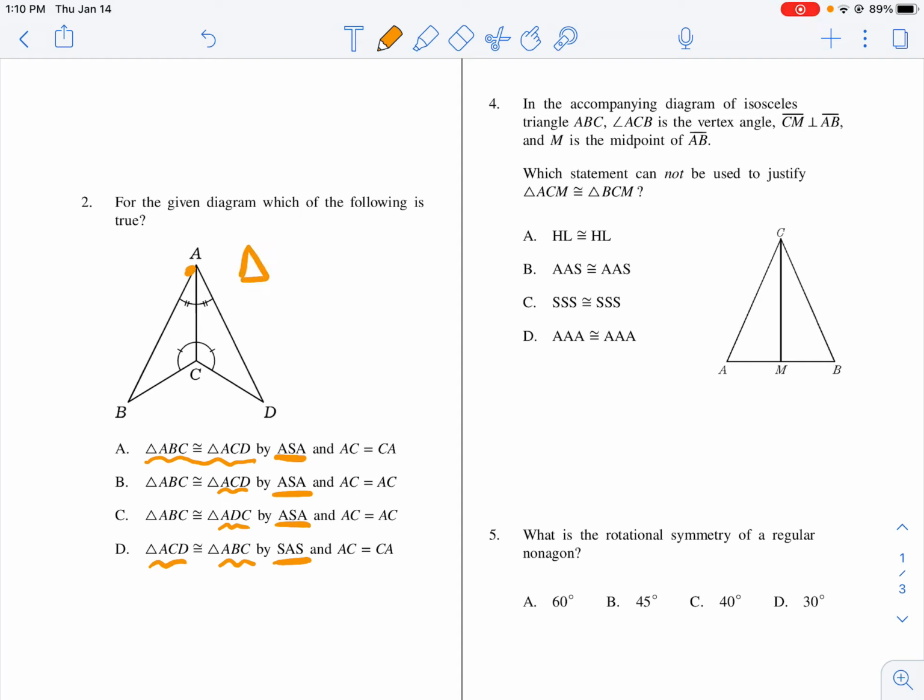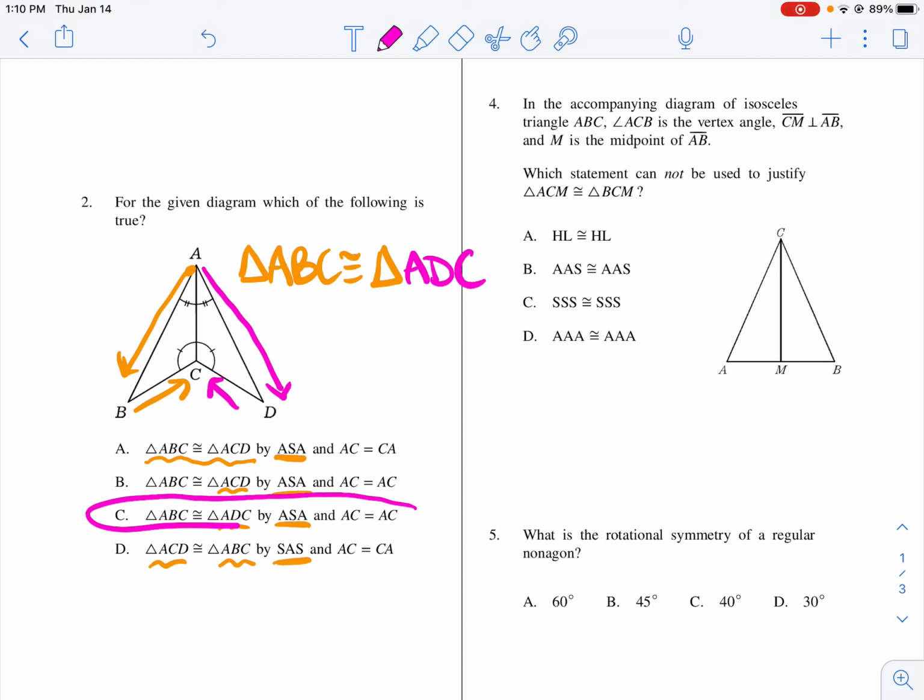I'm going to do A, B, C. So let's do the same thing this way. A, D, C. Okay, so which one of those is the same? Yep, it looks like choice C, guys, is the only one that works.